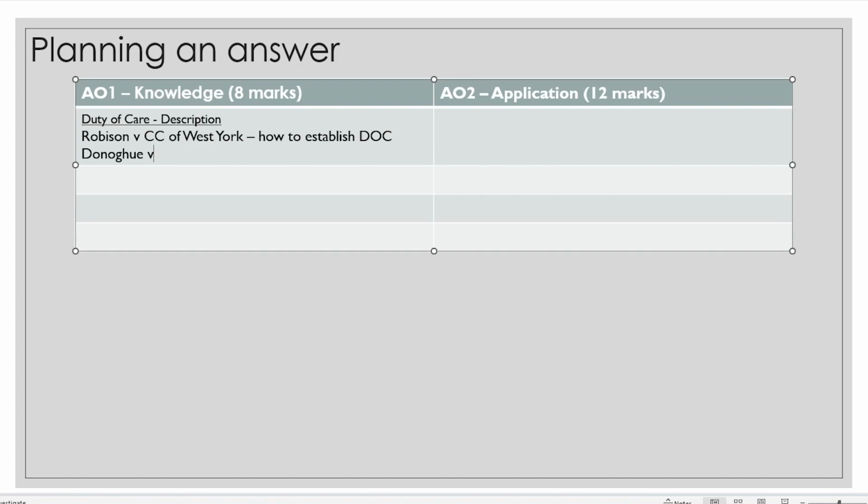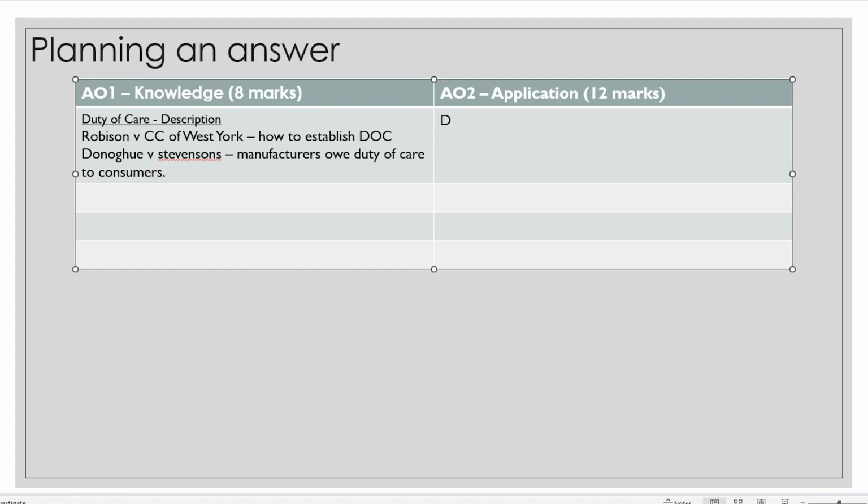Donoghue versus Stevenson is the case we are going to use to establish duty of care in this particular scenario, and then to apply what we've described here on the left, our AO1, onto our AO2, we need to just apply it, and that's what's explained in Donoghue versus Stevenson. Obviously you include more detail in your answer and you go to town with it.